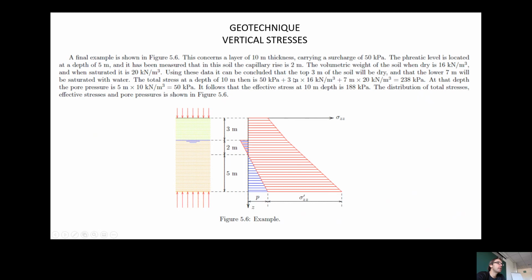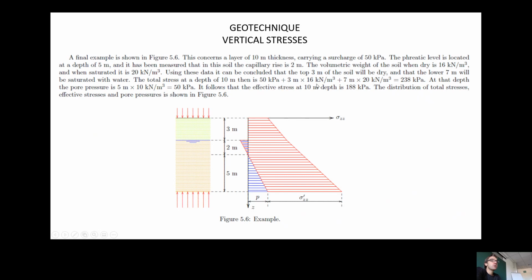Using this data, it can be concluded that in the top 3 meters the soil is dry, of course, while the second part of the soil, from 3 to 10 meters, will be saturated by water. So the total pressure at the depth of 10 meters will be 50, the surcharge, as if it is constant, plus the first 3 meters times 15, that is this triangle, plus this triangle, that is 7 times 20, where 20 is because of saturation.